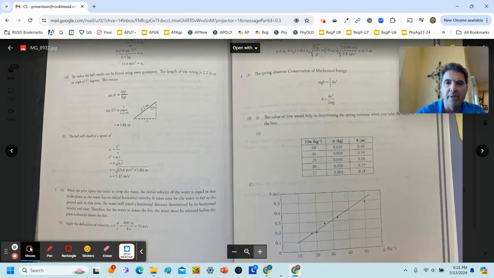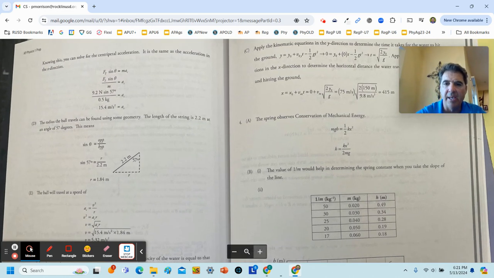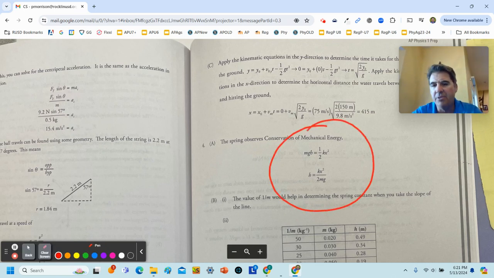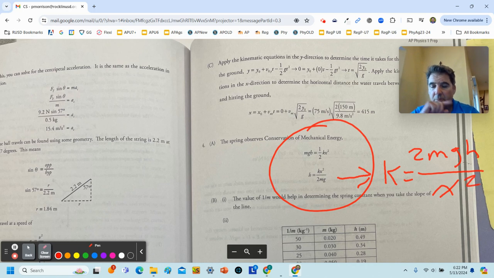So what they're doing here is they're saying that here's your equations, and this is true, but this could also be turned into k, and k is going to be equal to, if you look at it, 2mgh over x squared, right?